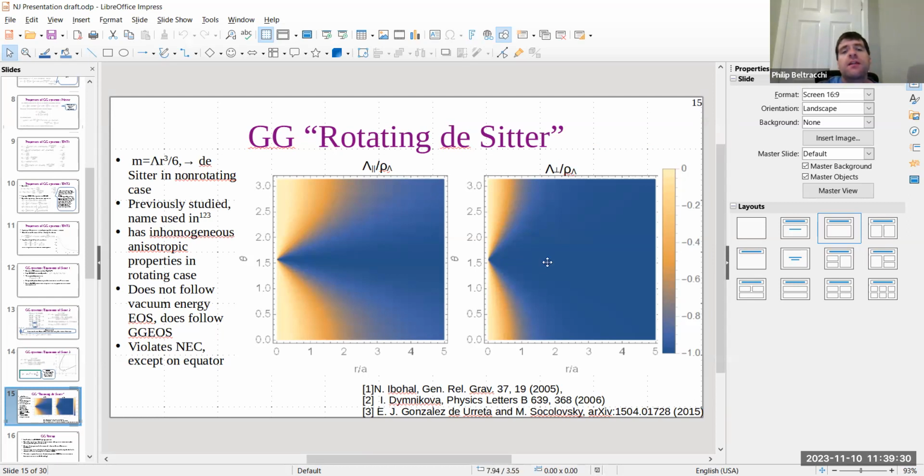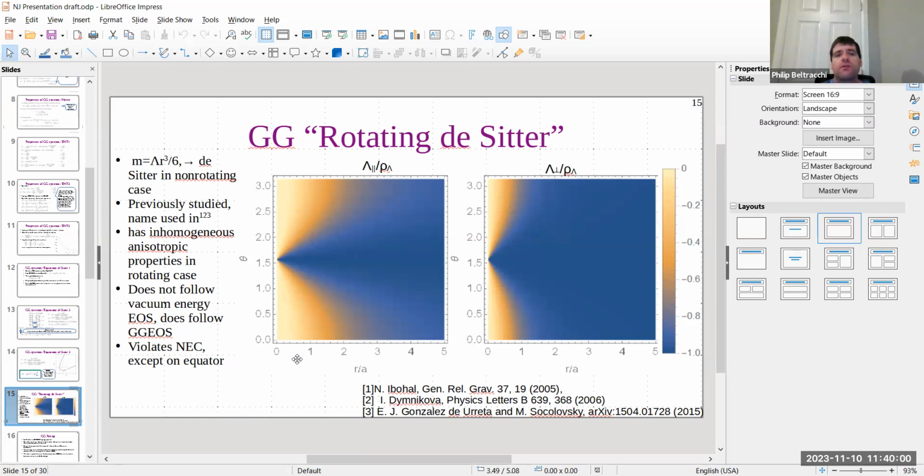We also see that the perpendicular pressure is lower than the eigenvalue in the parallel plane. So in fact, the null energy condition is violated here. It's violated in general everywhere except on the equator. Now, we can see that this Gürses-Gürsey rotating de Sitter no longer follows the vacuum energy equation of state.